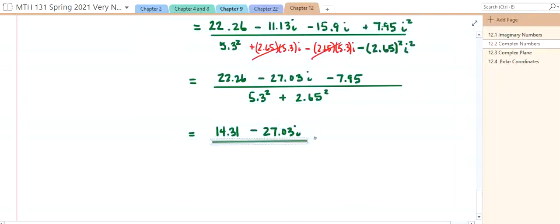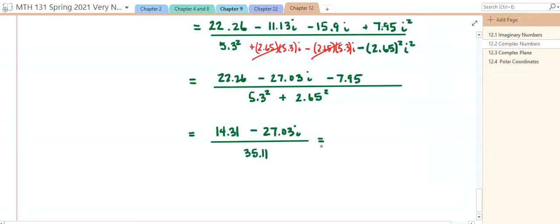Use these lines here since these are so long. And then our denominator, when we square these and add them together, we end up with 35.11. And now I can take the 35.11 and divide by each of these coefficients.